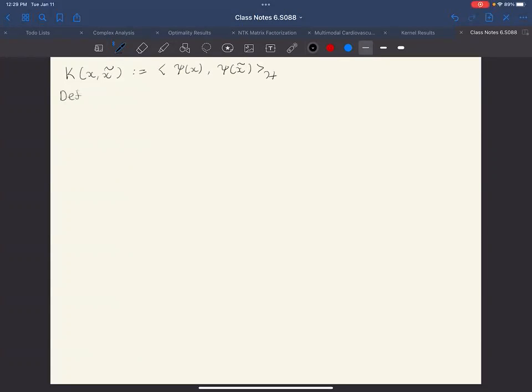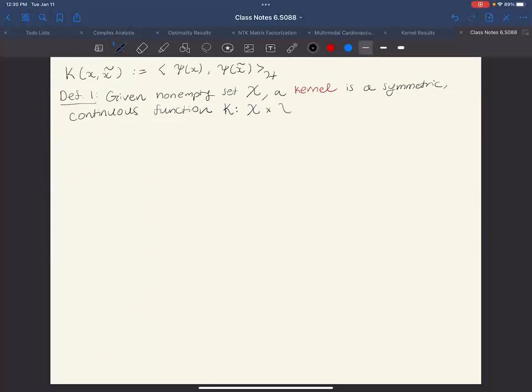So definition 1. This is going to be very, very general. Given some non-empty set x, the kernel is a symmetric continuous function, and we're going to denote it by k.